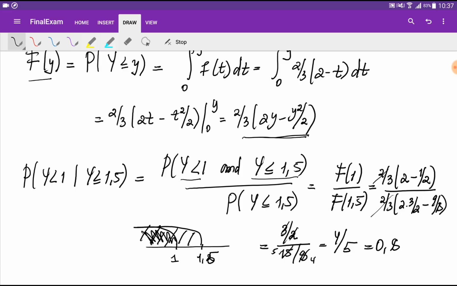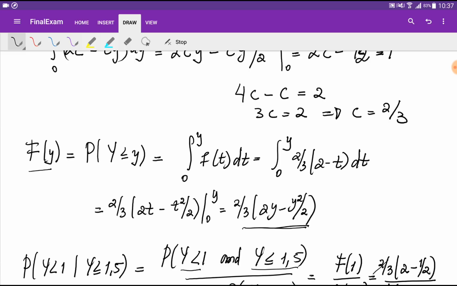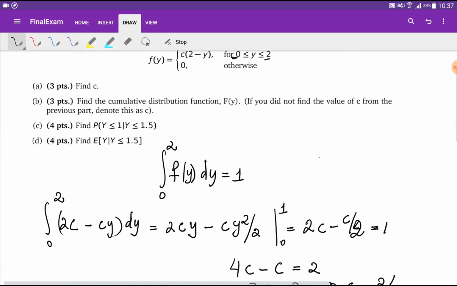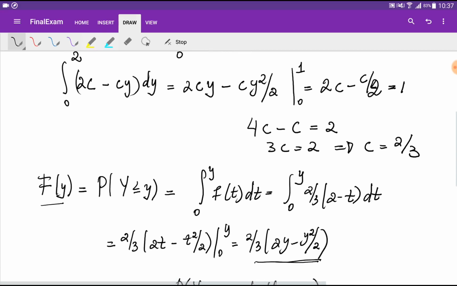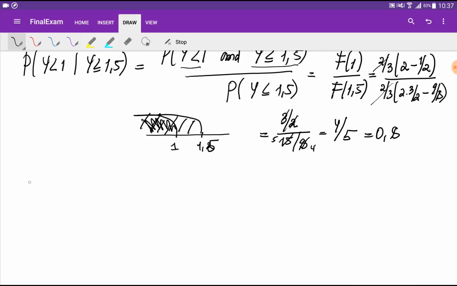Okay. The last problem is about the conditional expectation. We need to find the conditional expectation of Y given that Y is less than or equal to 1.5. This is found, again, using the formulas.